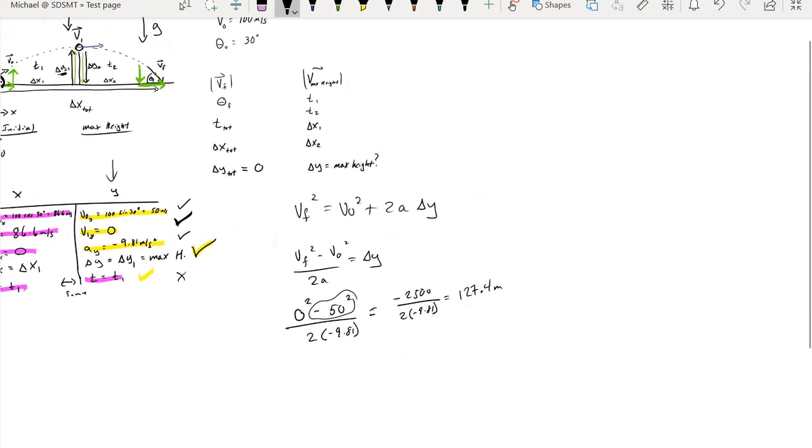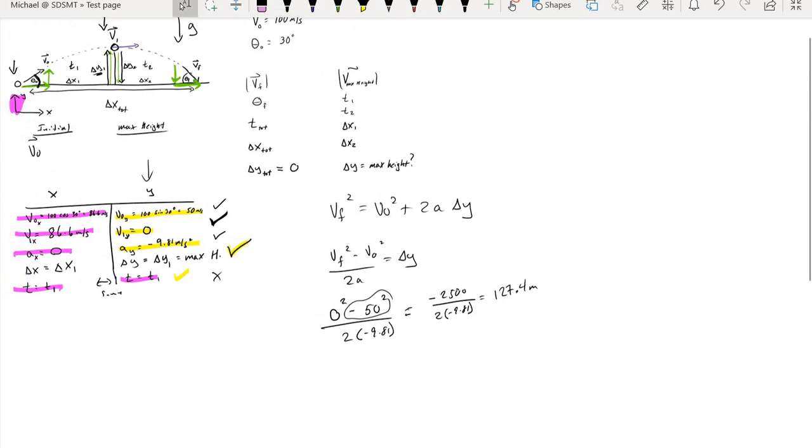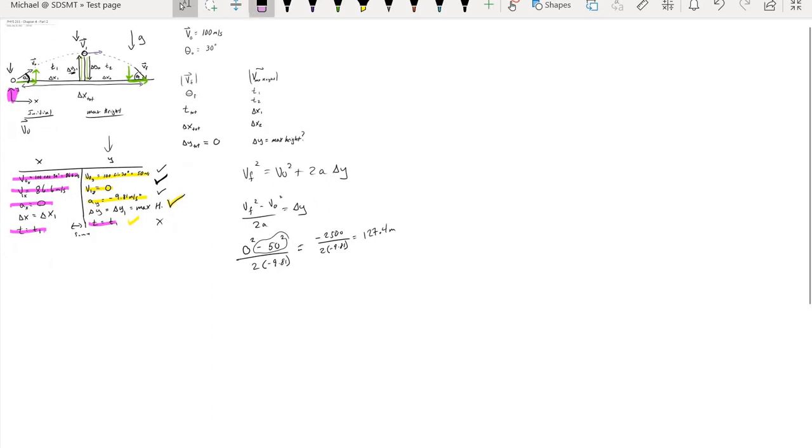So we're going to reach a maximum height of 127.4 meters. Pretty high. And we'll bring that up right here. 127.4 meters.